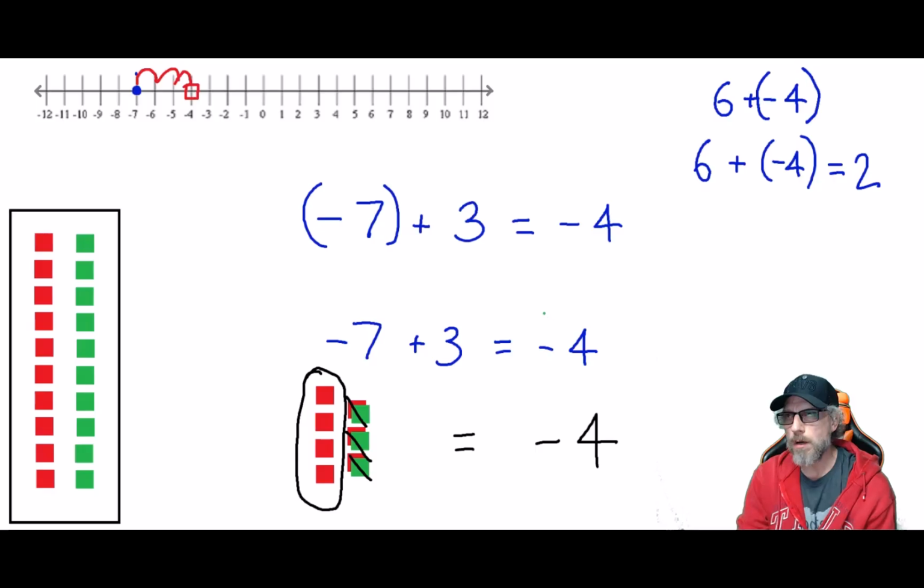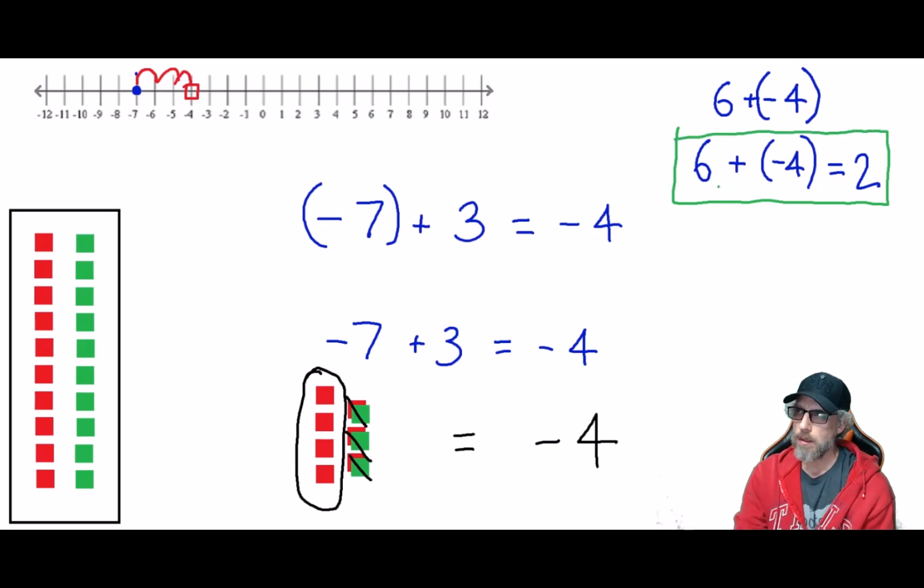Reflecting a little more about these last two examples, when we had 6 plus negative 4 equals positive 2, thinking not about the plus and the minus parts, just thinking about the magnitude, the size of the numbers. There was a positive 6, but the negative number was just a 4.